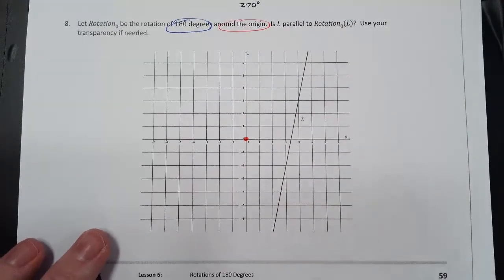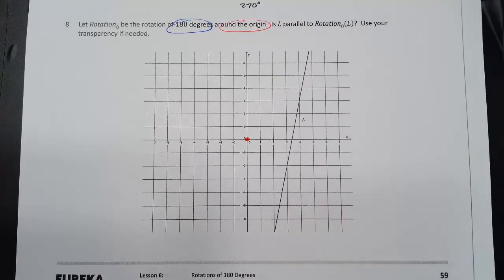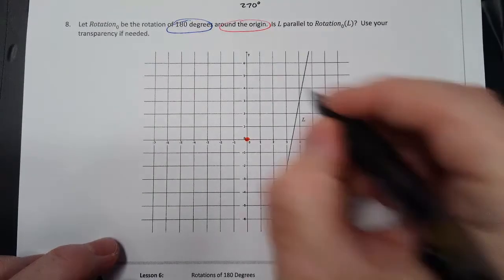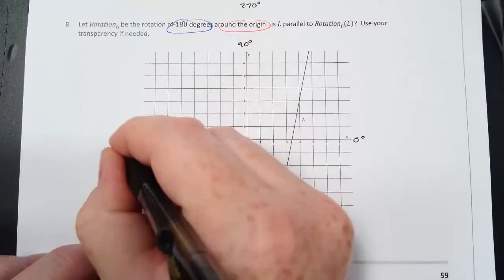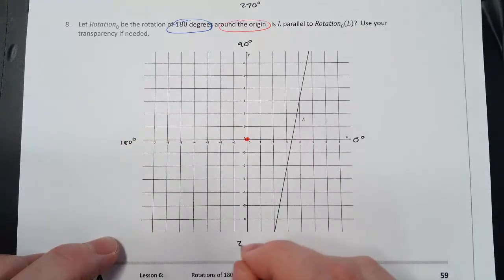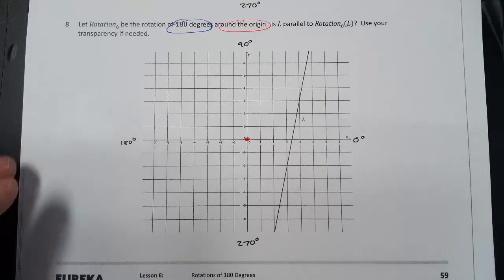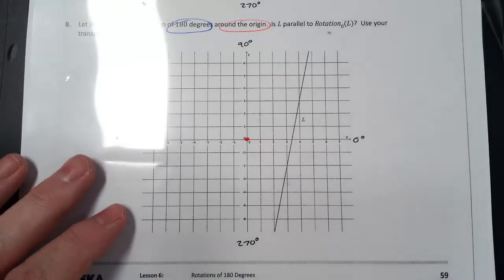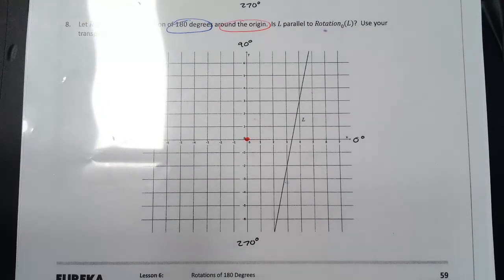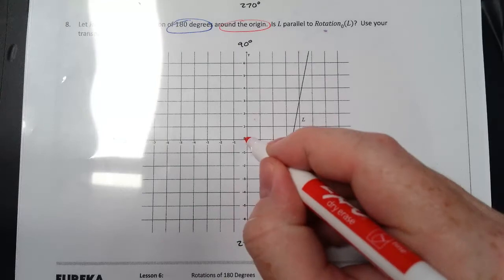Let's see what happens when the line has some slope to it. So we go 0 degrees, 90 degrees, 180 degrees, and 270 degrees to help us measure our rotation. And then we use the transparency. Maybe while we're setting this up, you want to make a prediction about whether the same rule will work. Will we get parallel lines after this rotation?